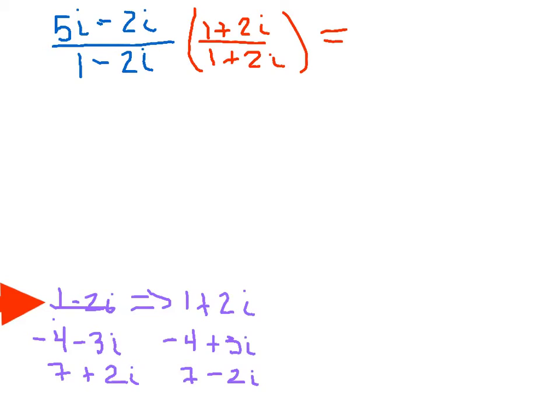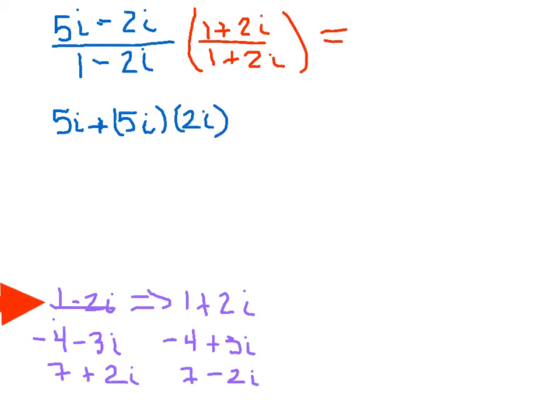First: my 5i times 1 gives me 5i. Then 5i times 2i gives me plus 5i times 2i.